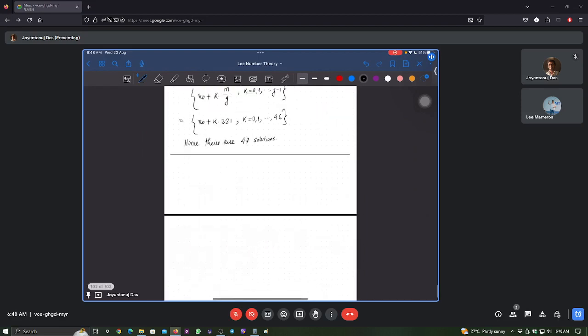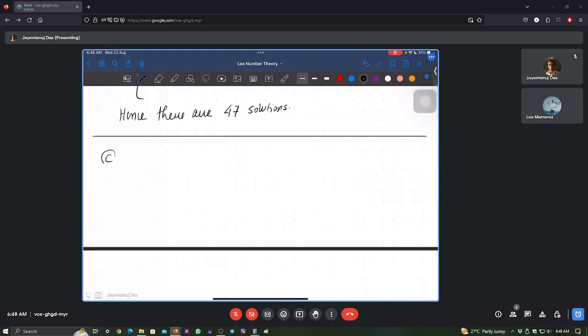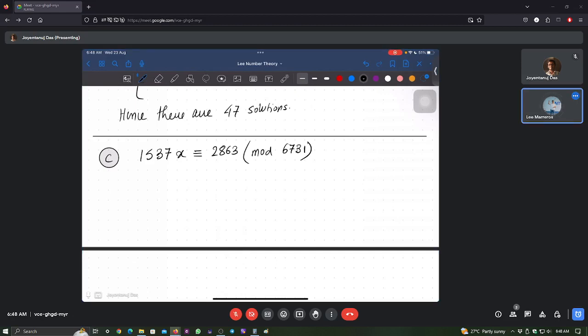So part C is 1537x is congruent to 2863 modulo 6731. First of all, what will be the GCD? Let's see.